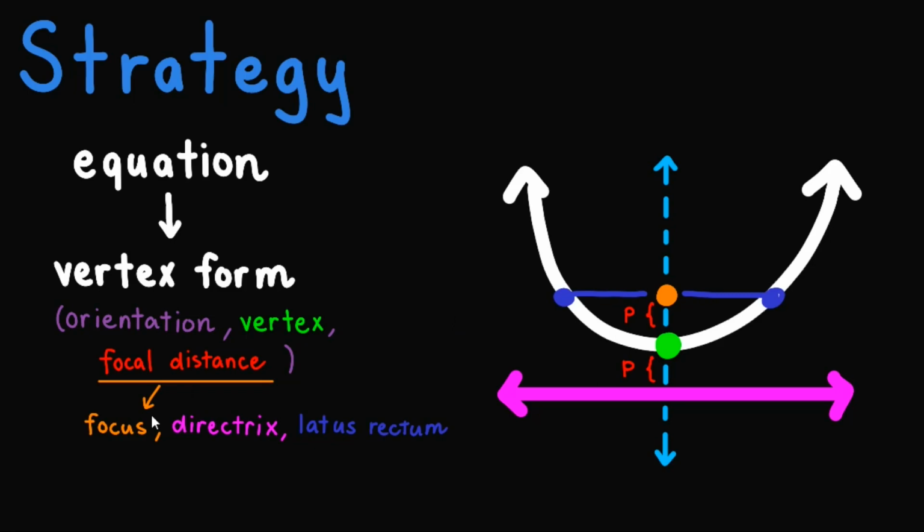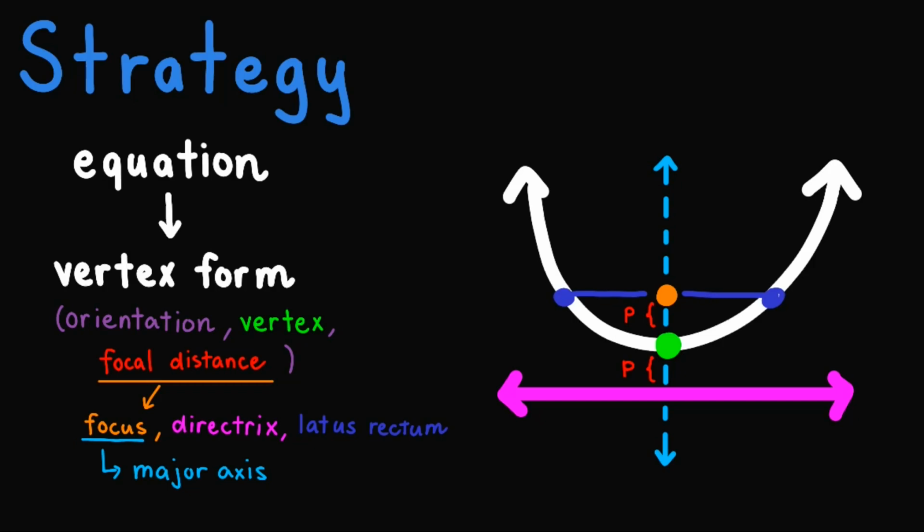And lastly, given the focus and the vertex, we can obtain its major axis, since the major axis is a line that passes through the focus and the vertex.